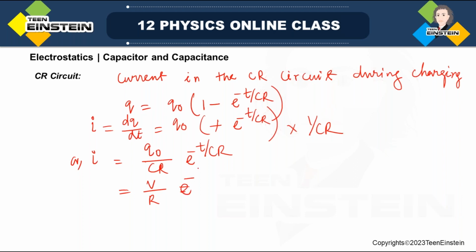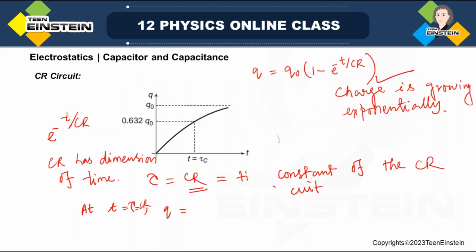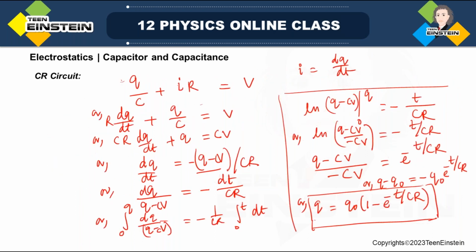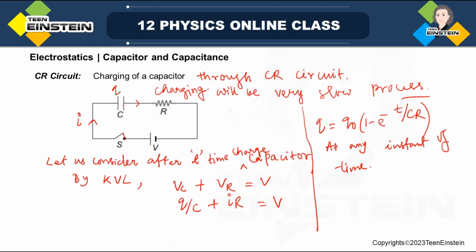This is multiplied with e to the power minus t by CR. This V by R, I can write as I0, the initial current. Initially there will be no charge in the capacitor, so the whole current will flow through the circuit.